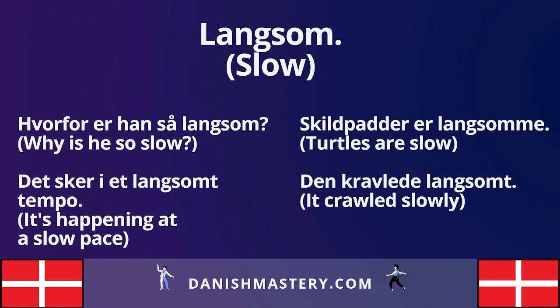Yeah, notice that there are two M's here, and that's something we do sometimes in Danish. Maybe the short form is only one consonant, because in Danish you cannot end with a double consonant. Like two M's here. No, you can't. It's not a thing. But here in the plural we do that. Langsomme. Skildpadder er langsomme.